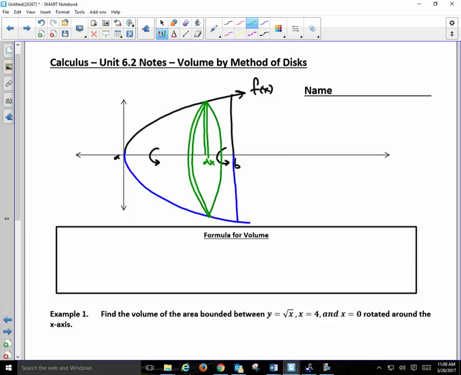I'll pick another rectangle that has thickness dx. Yeah, it's like you're looking at a coin. You can see the front edge of the coin, but you can't see the back edge. Yes. Exactly. So the two lines show that the thickness is dx.